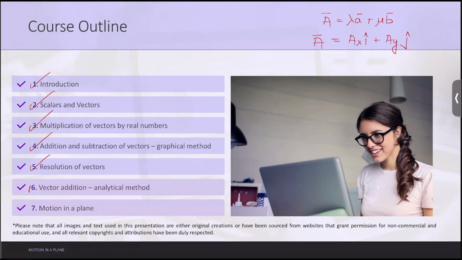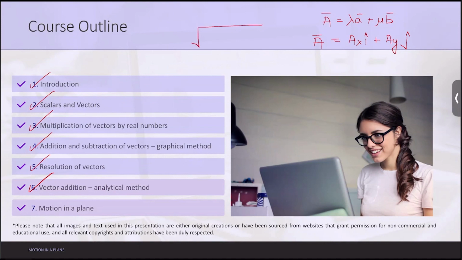And then finally, right now we are on vector addition with the analytical method. Before this, we understood two different examples in which the values of two different velocities are given and you needed to calculate the value of the resultant.